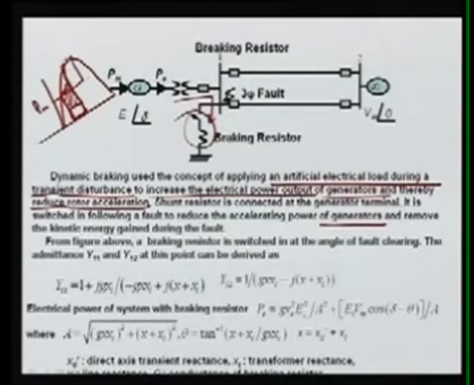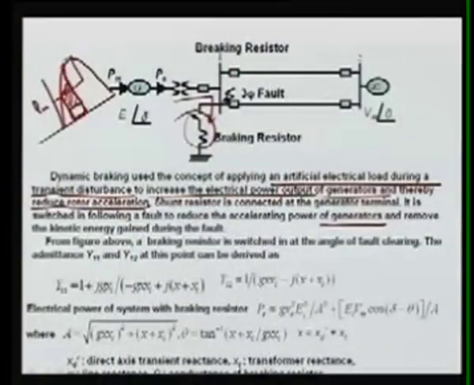Meaning the electrical power which is taken out is increased, so that we have less accelerating power, and remove the kinetic energy gained during the fault. From the above figure, our braking resistor is switched in at an angle of fault clearing. The admittances Y11 and Y12 at this point can be derived here.